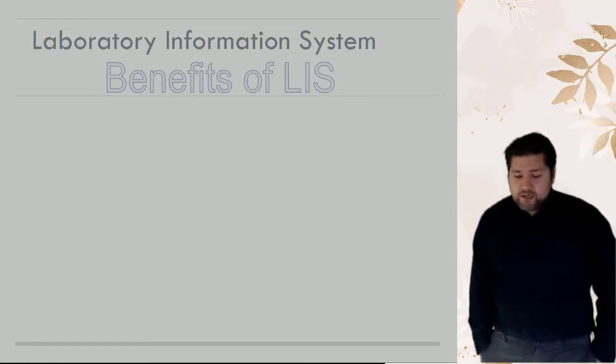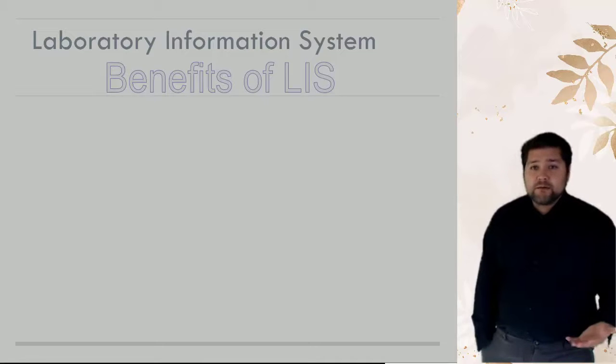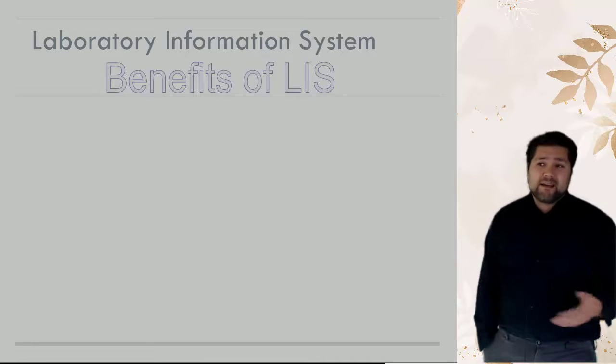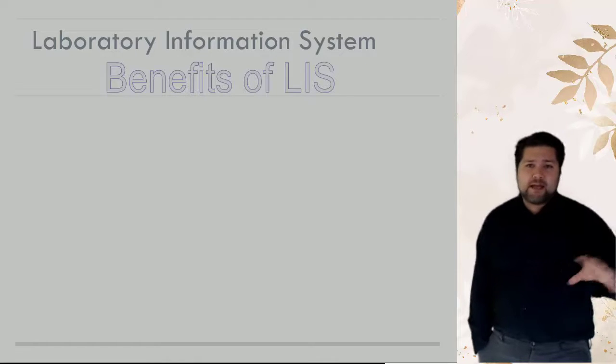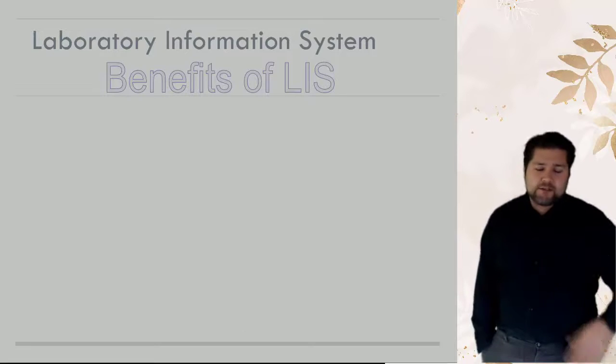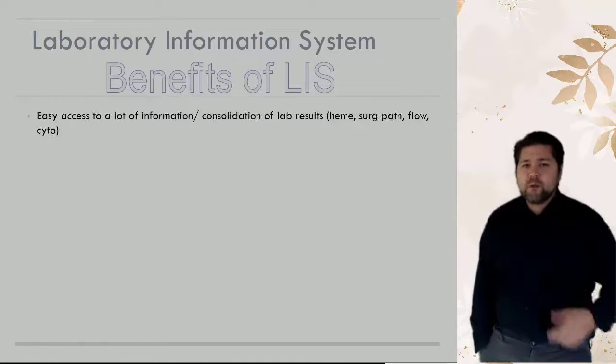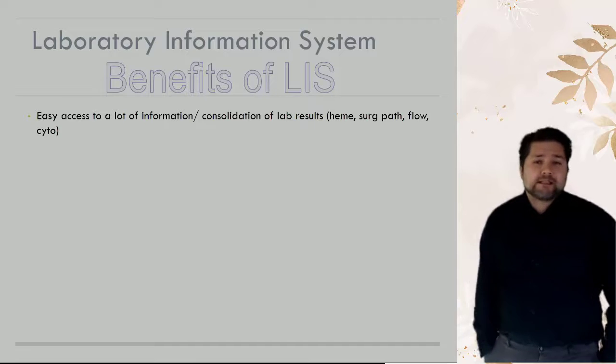So when we think about an LIS, what is the goal of using one, especially a system that's specifically designed for pathology, rather than just some sort of tack-on to an electronic medical record system that happens to do path as well? Well, first, we can get easy access to a lot of information.